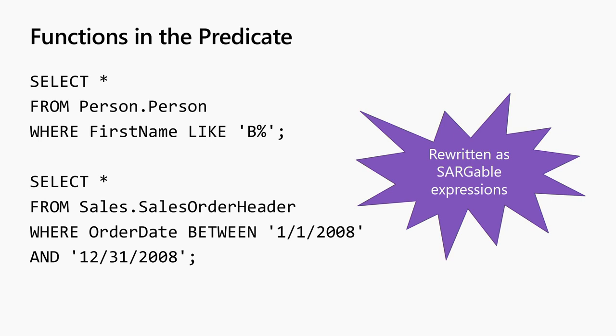For example, a like that starts with a string literal can actually be used by SQL Server to seek on an existing index. And to resolve the other query that was using the year function, I know I can find the logical dates within the year, the first day of the year and the last day of the year.